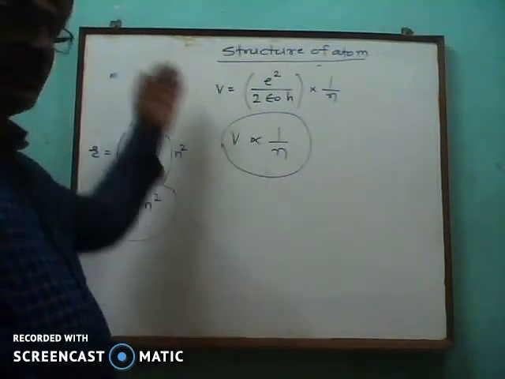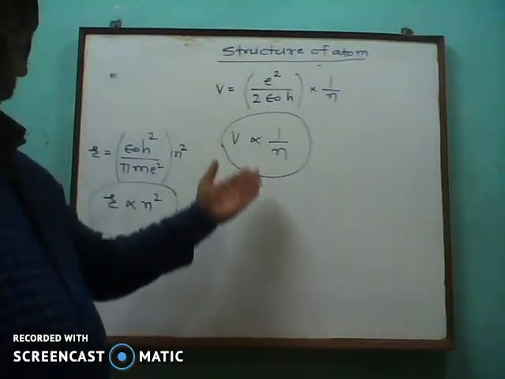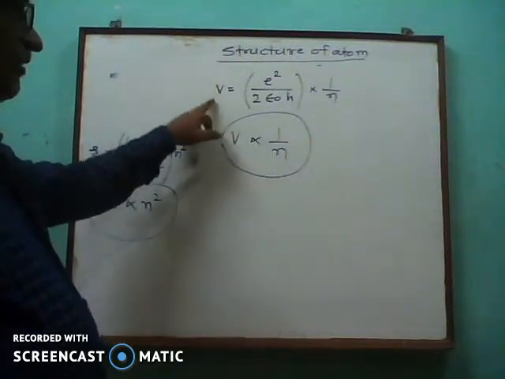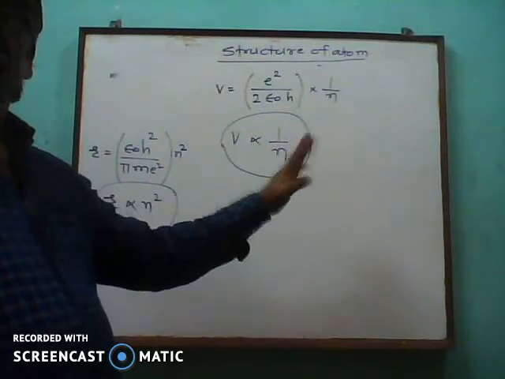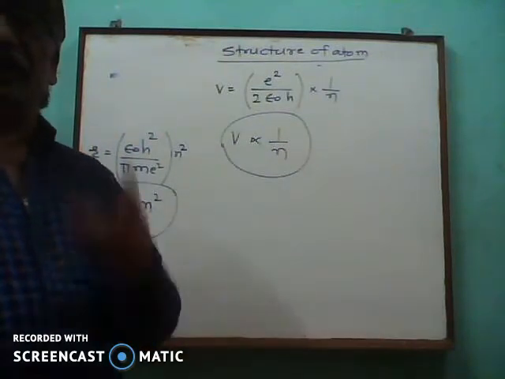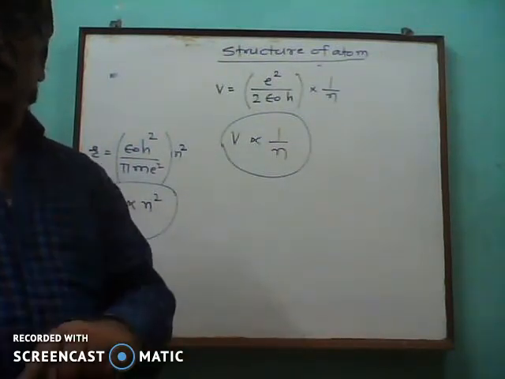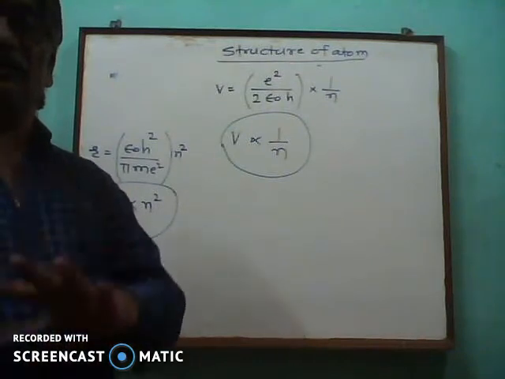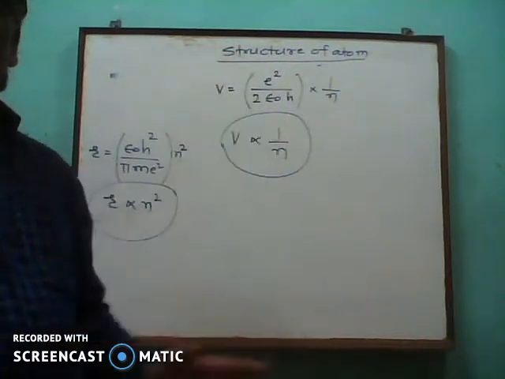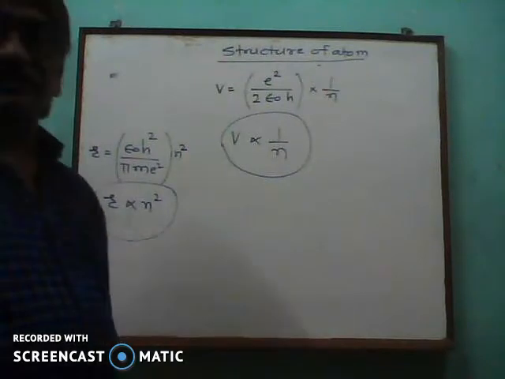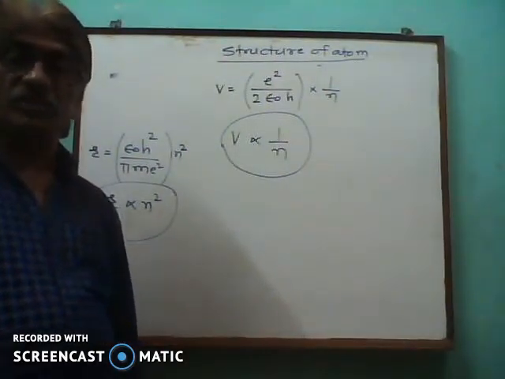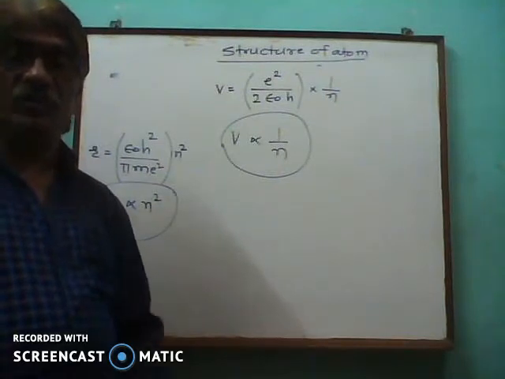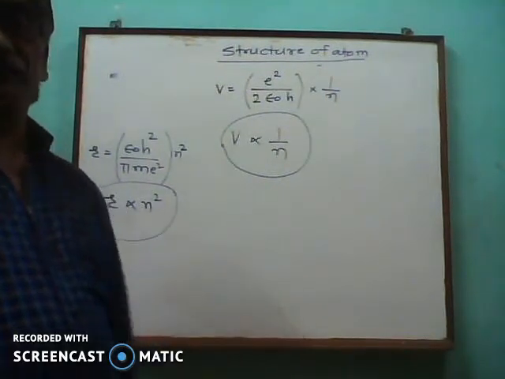Then we can write all the terms; the formula for velocity is there. The bracket term means e square divided by 2 epsilon 0 h, where h means Planck's constant. The bracket term is constant, then we say that velocity is inversely proportional to the principal quantum number.